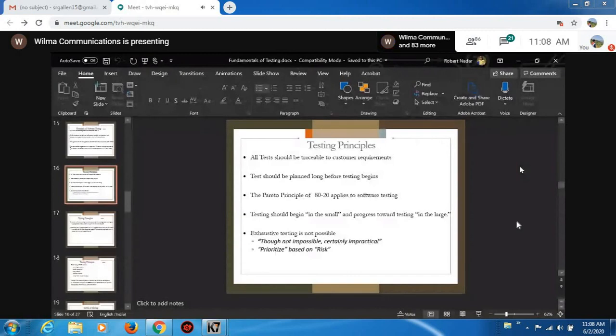Next one is exhaustive testing is not possible. That means we cannot conduct testing on all possible combinations. A very simple example: if I want to test one particular feature and I have input conditions of around 10,000 data, I cannot manually validate all 10,000 data.